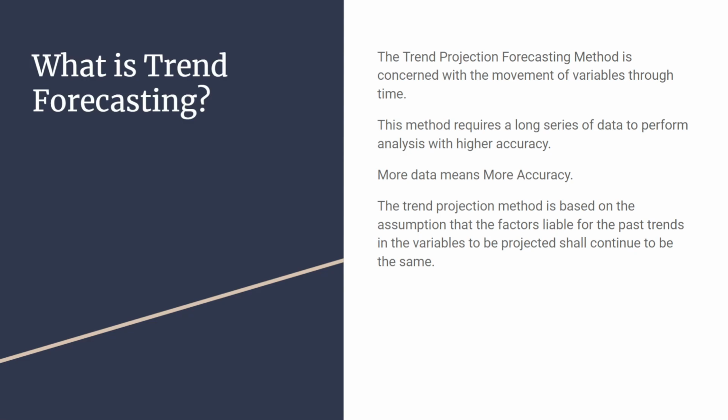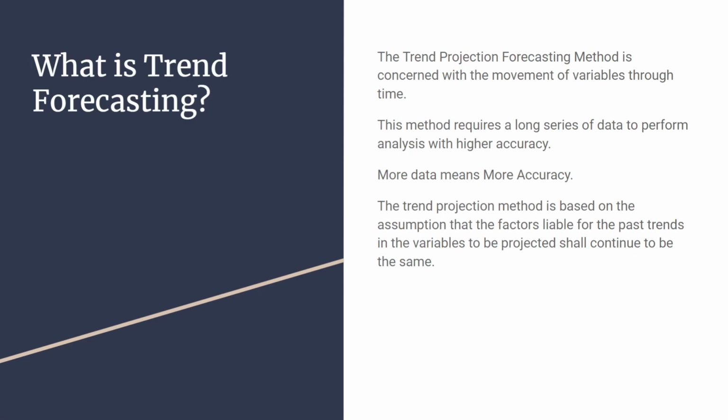This method requires a long series of data to perform analysis with higher accuracy, and more data means more accuracy. The trend projection method is based on the assumption that the factors liable for the past trends in the variables to be projected shall continue to be the same.